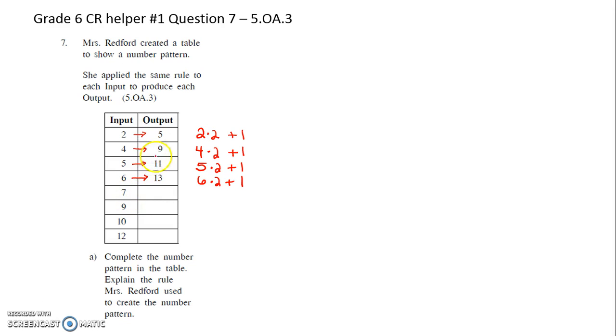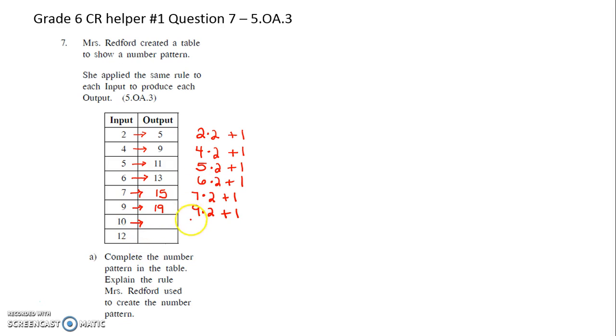But here, now that I'm pretty convinced this is what's happening, to get from 7 across the table, I would have to do 7 times 2, figure out what that is, and then my final answer will be just 1 more than that. Well, 7 times 2 gets me to 14. 1 more than that is 15. 9 times 2 is 18, and 1 more is 19.